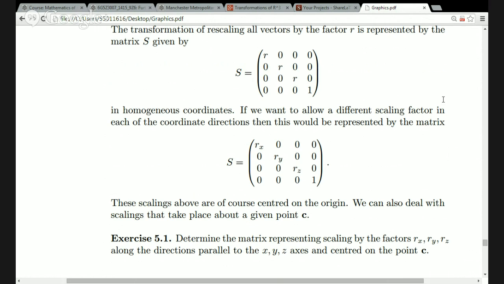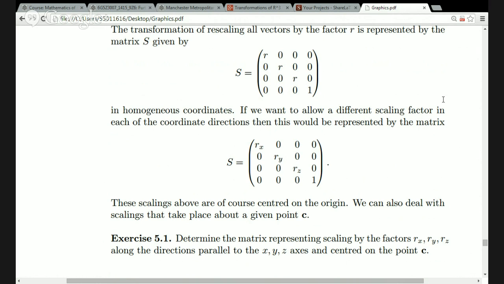Now those 2 matrices, of course, if you think about multiplying any of these matrices by the 0 vector, the vector representing the origin, you'll get the 0 vector back again. These are all scalings that are happening with the origin as the fixed point. So it's either shrinking things towards the origin or expanding things away from the origin.